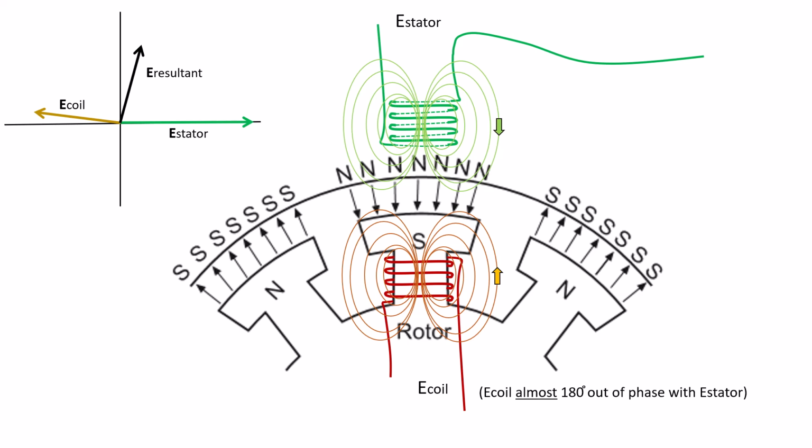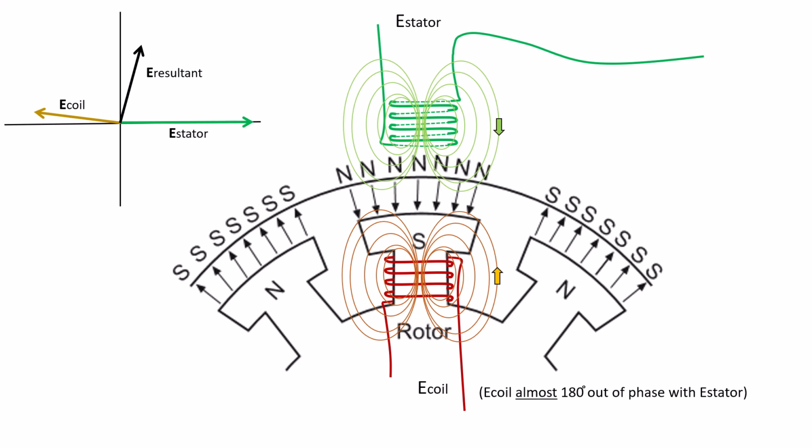So E of the stator and E of the coil are actually working in opposition to one another. Because these magnetic lines of flux are traveling in different directions, opposing one another, there will be a canceling effect. And the rotor magnetic flux will start to cancel some of the stator magnetic flux.